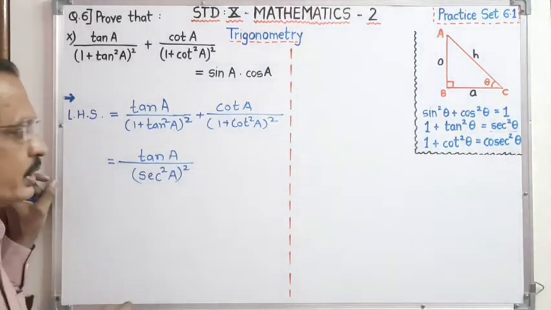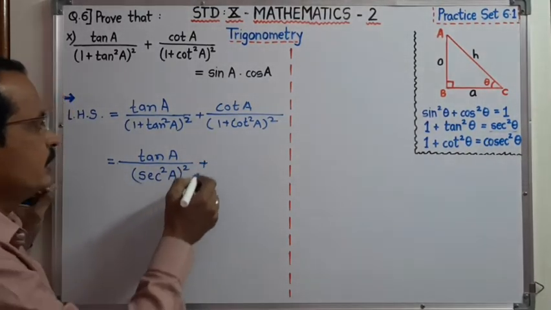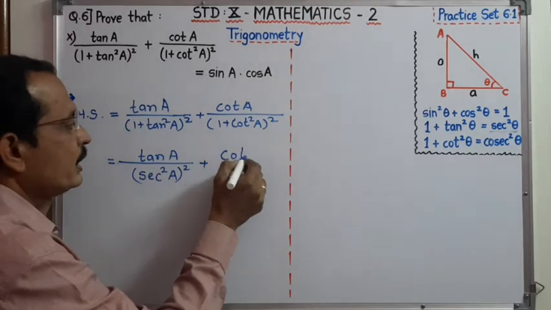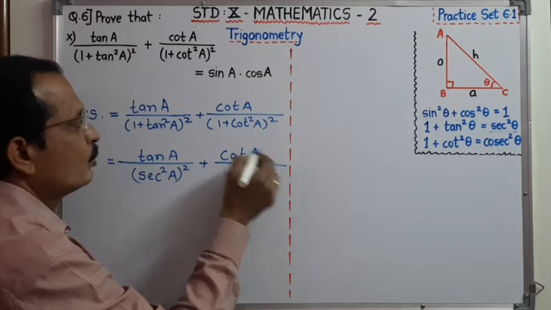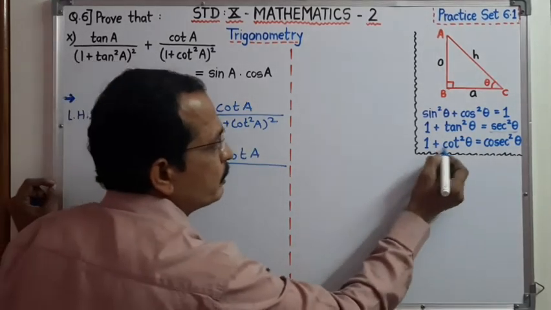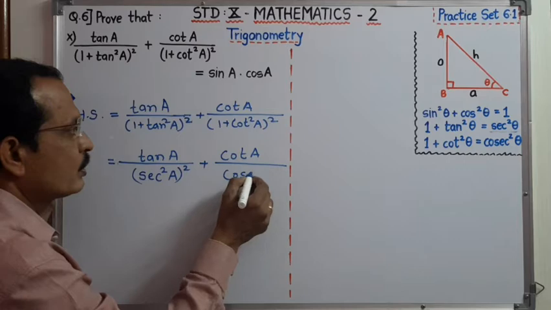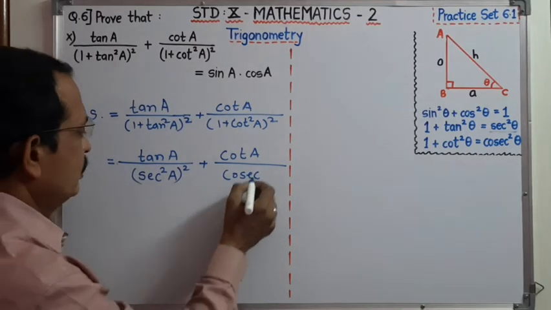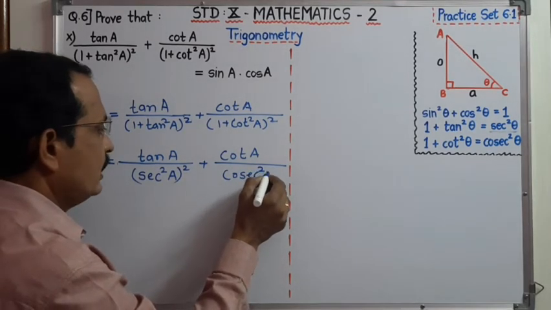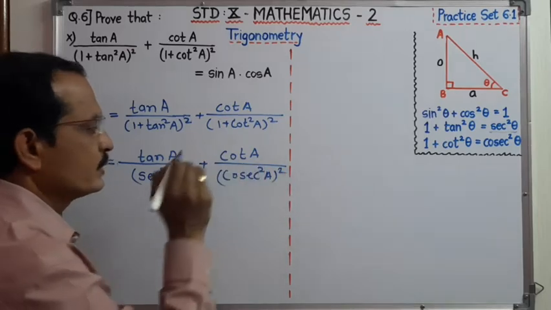Got it? Now dear student, see plus, here we can write cot A upon 1 plus cot square A. 1 plus cot square theta is equal to cosec square theta. Therefore, we can write here cosec square A. This is bracket square.